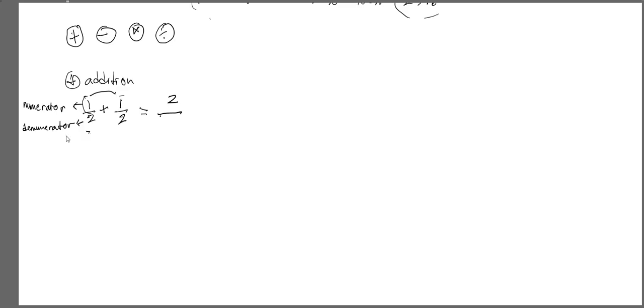But for the denominator, we just keep it as it is. Then we can simplify it. We divide it by 2, equals 1 per 1, equals 1. That's all. We do the same for subtraction as well.